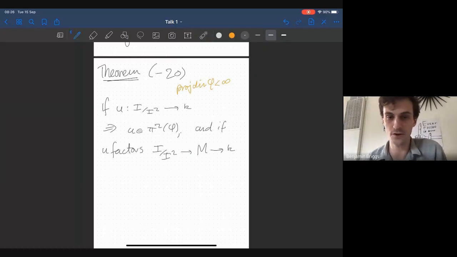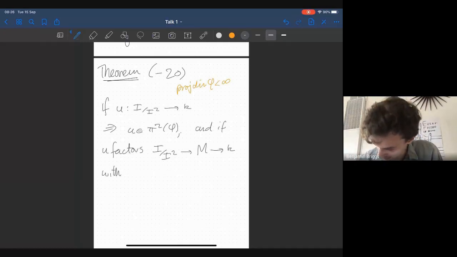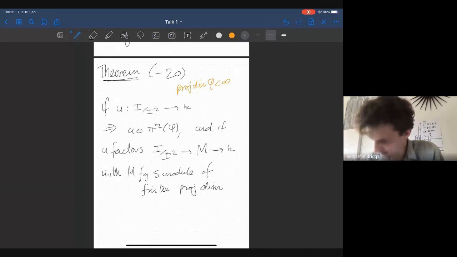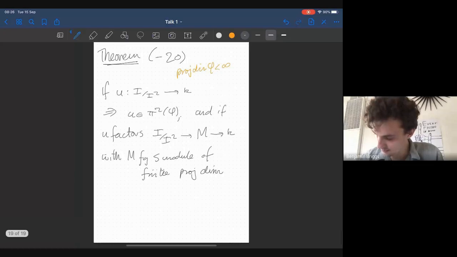So rather than saying u has to go through a free module, I'm saying it has to go through a module of finite projective dimension. So with M a finitely generated S module of finite projective dimension, in that case, U is radical.